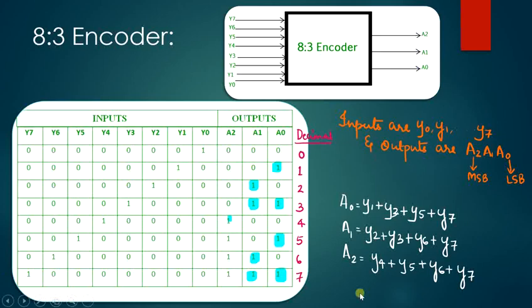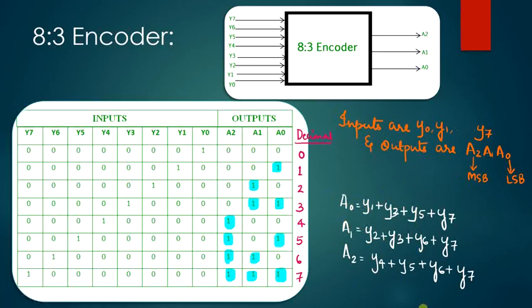In a similar manner, I can represent the expression for A2 as Y4, Y5, Y6 and Y7. Why I have written these decimal notations is because it should be easier for you to write the expression for the output of the encoder. So I hope you are clear with this as to how we represent the expression for the output variables A0, A1 and A2. Now let me try to draw the logic diagram for the output variables that we have obtained.